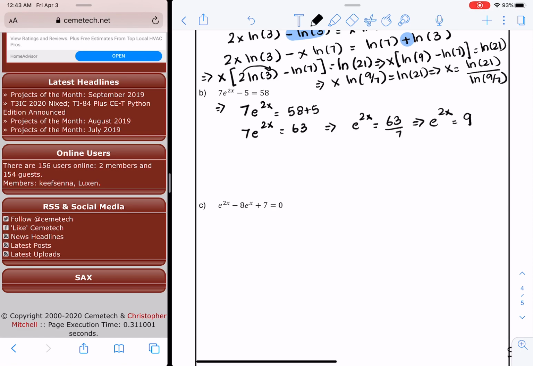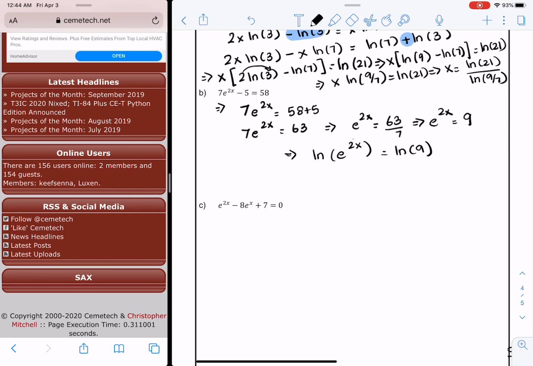And there is a way in which I could write 9 in terms of e, but it's going to have decimals. So I'm simply going to take the natural logarithm on both sides. So ln of e raised to x would equal ln of 9.